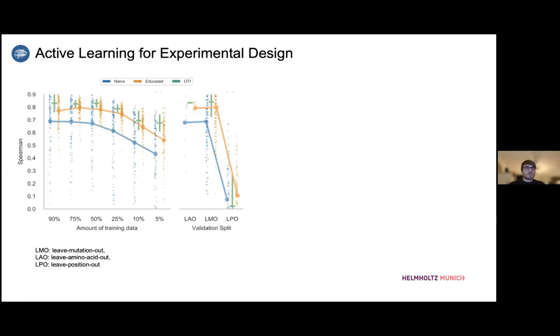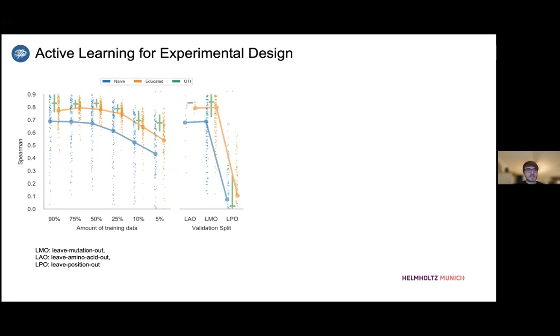What we also experienced is that we can actually reduce the amount of training data quite significantly without reducing the performance dramatically. Indeed, we can reduce the amount of training data by like 50% without dropping drastically for the educated repertoire.